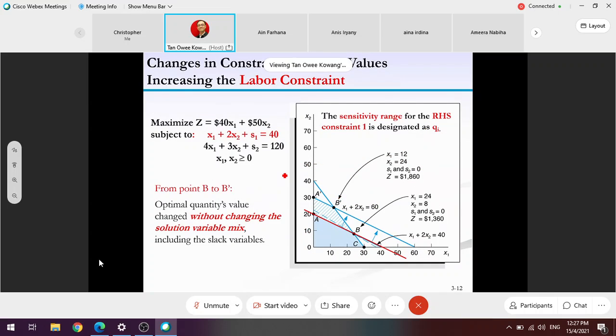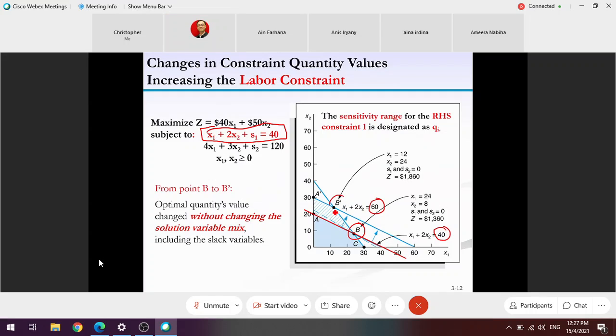If we still stick to the constraint for labor, and we change the line from 40 and increase the labor to 60, 40 means the red line and 60 the blue line. So we are changing the optimum point from B to B naught.